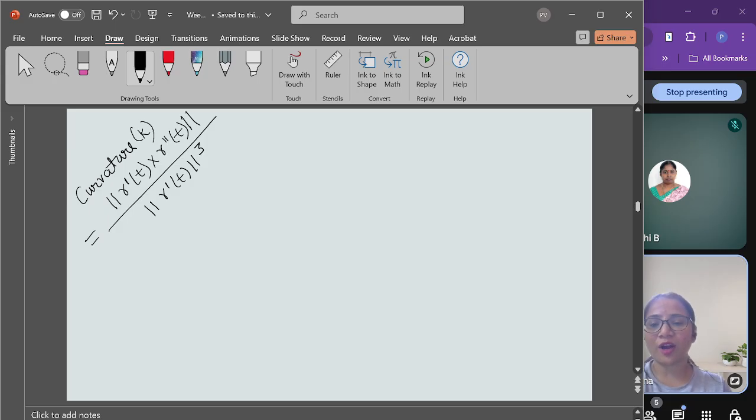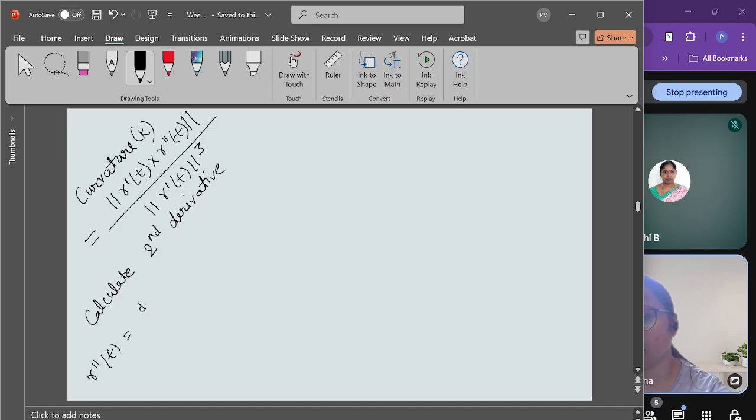Now we have already found the first derivative. We also need to calculate the second derivative of r t, because we have to put it in the formula. So r double dash t is d square r divided by dt square.